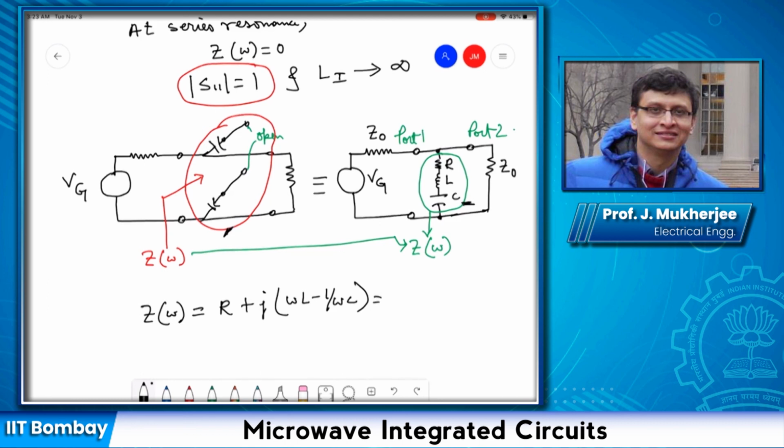And we also saw that this can be written as... Now, what is the value of this capital R?